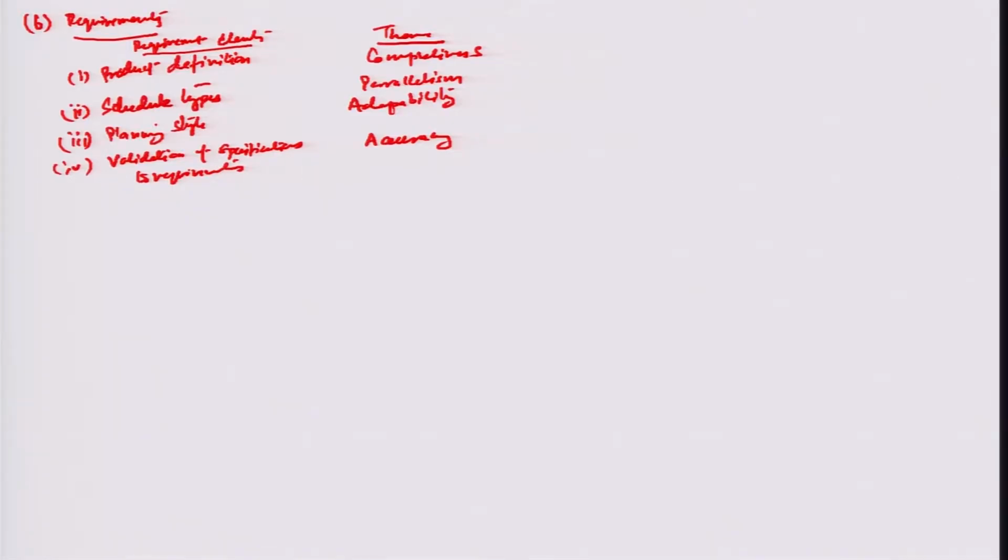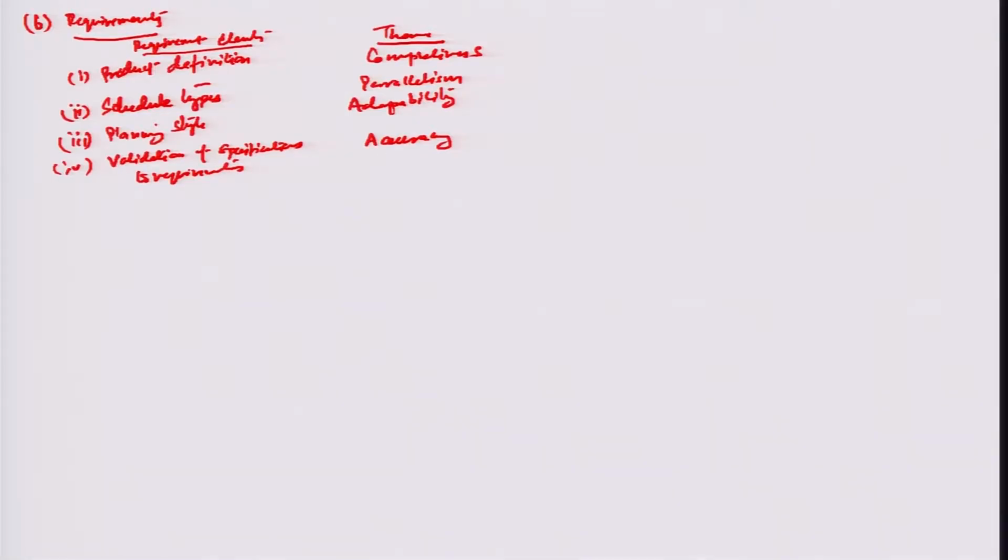And mostly for this kind of requirement planning you use various tools. One of the most commonly used tools is quality function deployment, which I will be teaching in great detail after this particular case study is over.